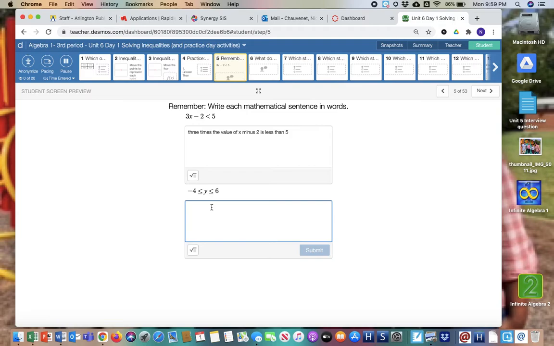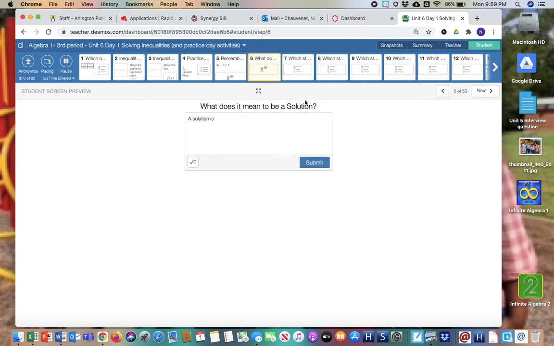Here this is going to be -4 is less than or equal to y, which is less than or equal to 6, right? So just remembering what those words mean and how we transform them, going back to our units from the fall.